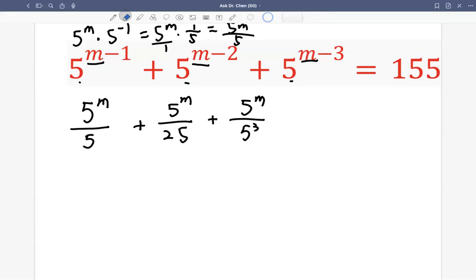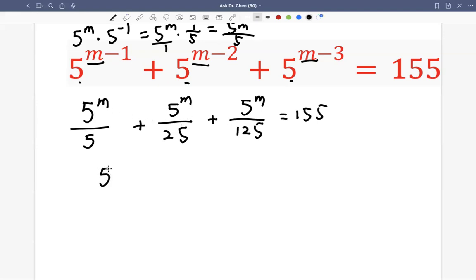So that's 25. 5 raised by 3 is 5 times 5, 25 times 5, which is 125.